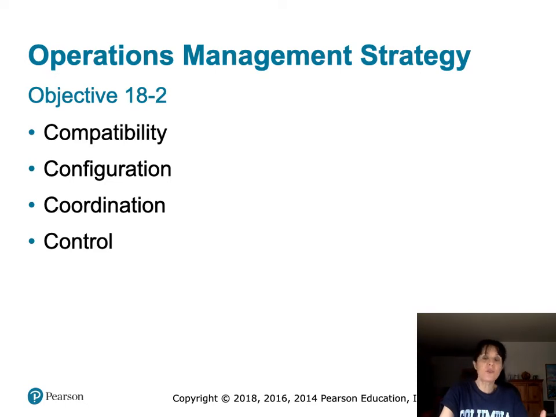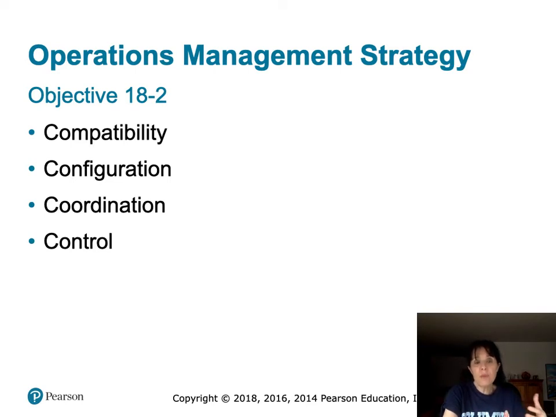So operations is all about the conversion of inputs into outputs. The success of a global operations strategy depends on four key factors: compatibility, configuration, coordination, and control. So let's explain each of them and give examples for each facet of global operations strategies.